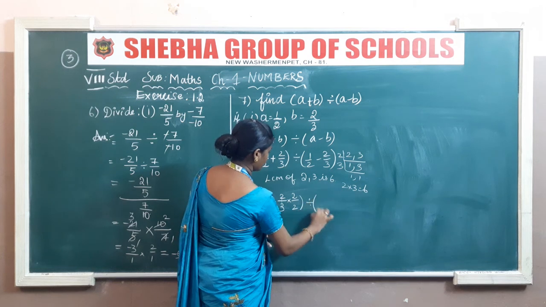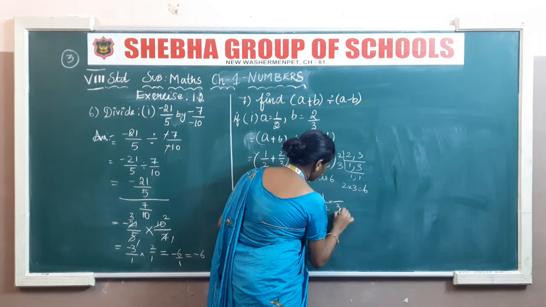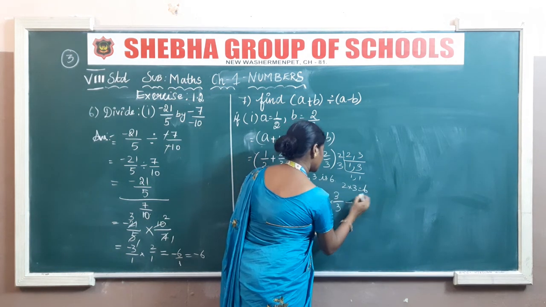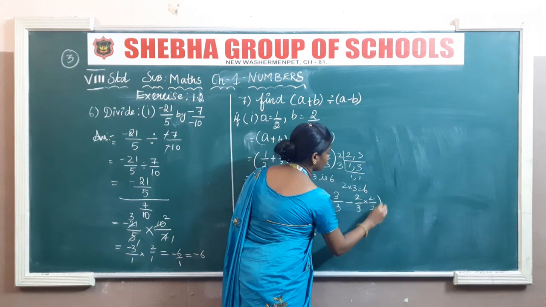Divided by, for 1 by 2 minus 2 by 3, the same procedure. 3 we have to write in the numerator, 3 minus 2 by 3 into 2 by 2.